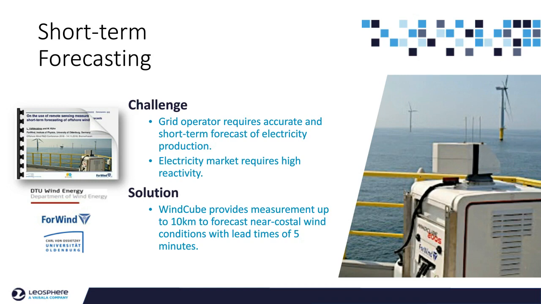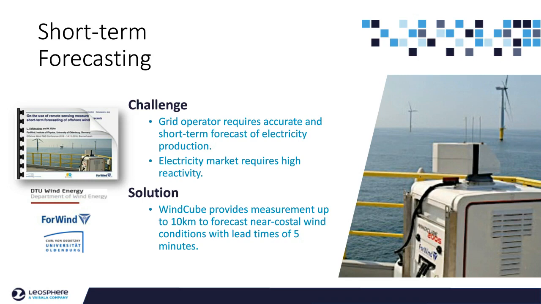The forecasts are normally based on statistical models or spatial correlation models, but these methods can show some errors. So here the solution is to use scanning WindCube to provide measurements up to 10 kilometers to forecast near-coastal wind conditions with a lead time of 5 minutes.